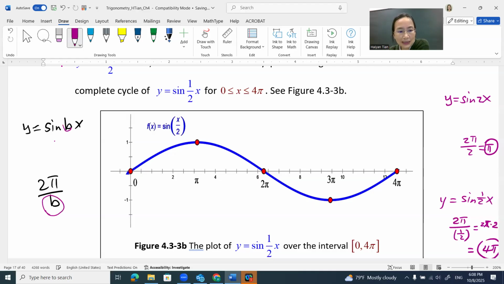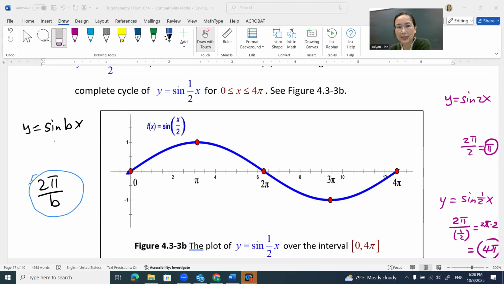So this formula, just remember, you can see that different b corresponds to different period.